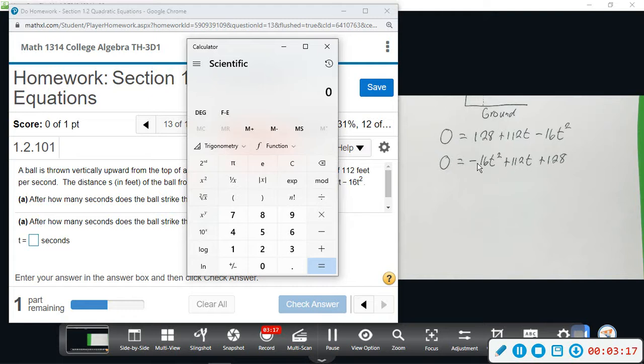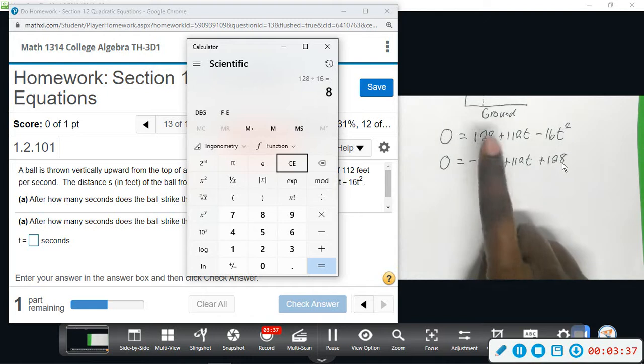So I'm going to try to divide each of these terms by 16. So 112 divided by 16 is 7. And 128 divided by 16 gives me 8. Okay, so I am going to factor out a negative 16 to start this problem, because factoring needs to have a positive in the front.